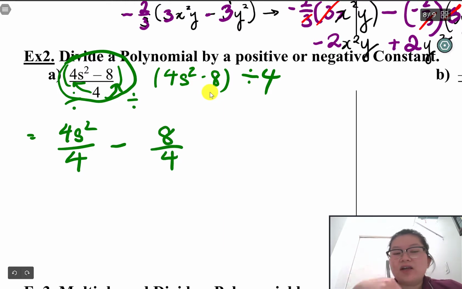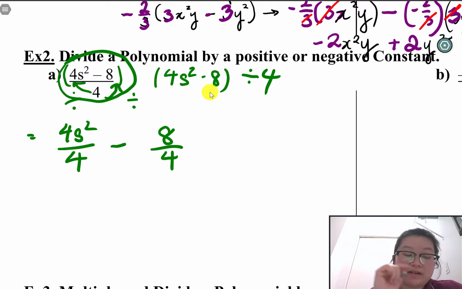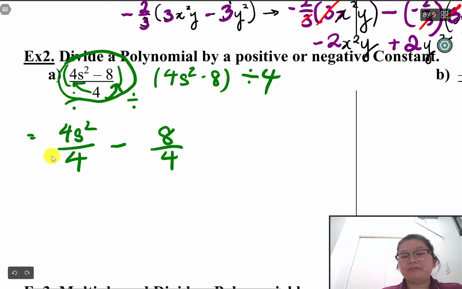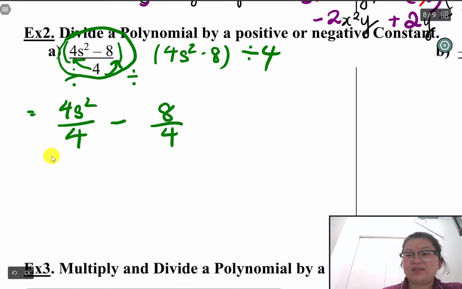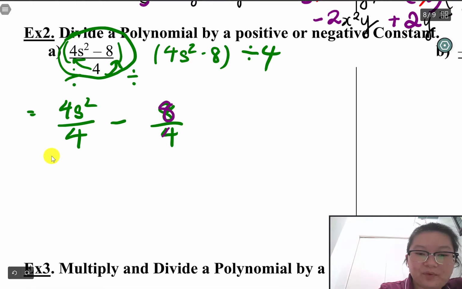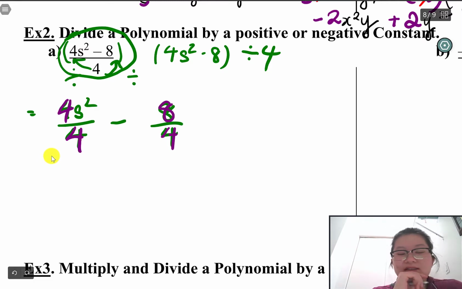And notice I am going to be writing all of these division sentences in the form of a fraction, because now we can see which things we can cancel out. So here we have the 4s and the 4s, the 8 and the 4. These are all your numbers, which will affect one another, while the others will not.